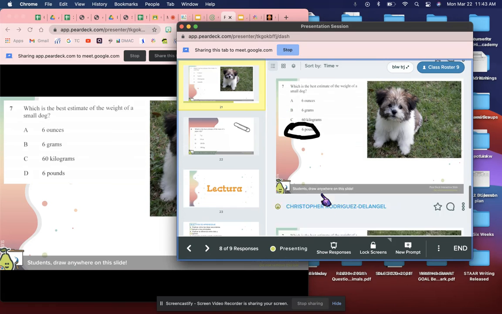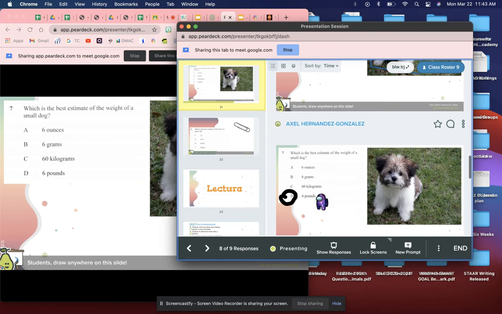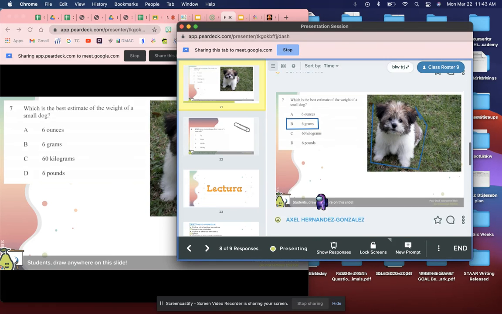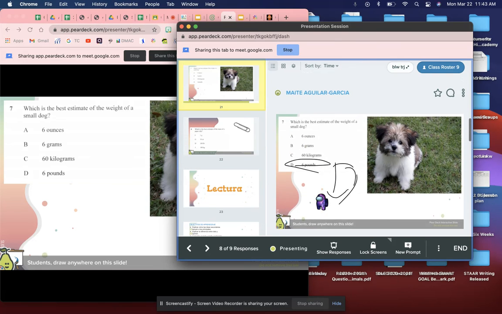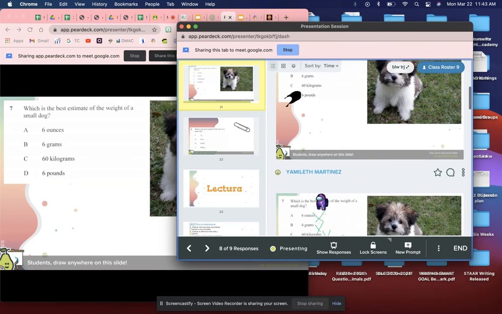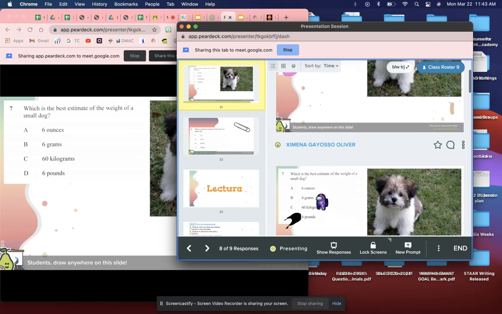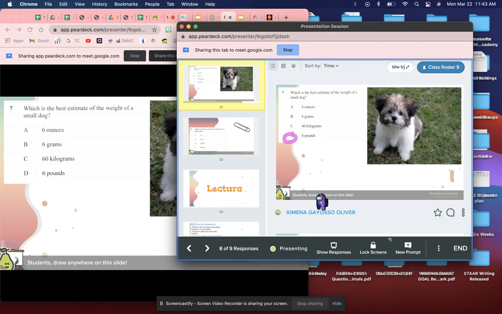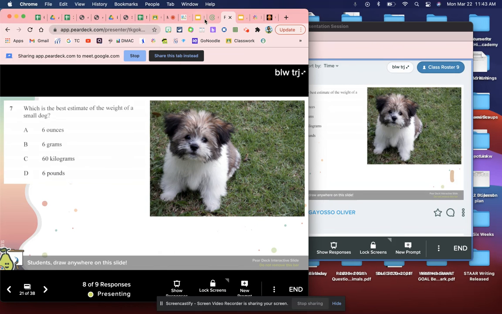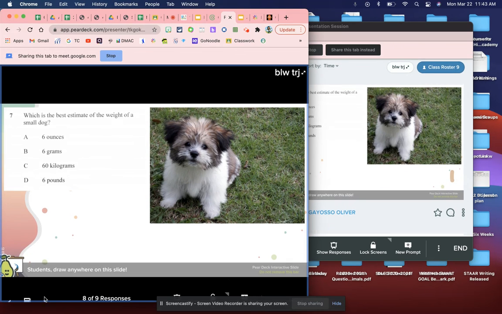Good job, Raul. Good job, Braulio. Thank you, Maite, for fixing it. Yes, Hasmin, you're right. Jamilet, good job. Jimena, great work. It would weigh 6 pounds, right? 6 pounds for the little doggy.